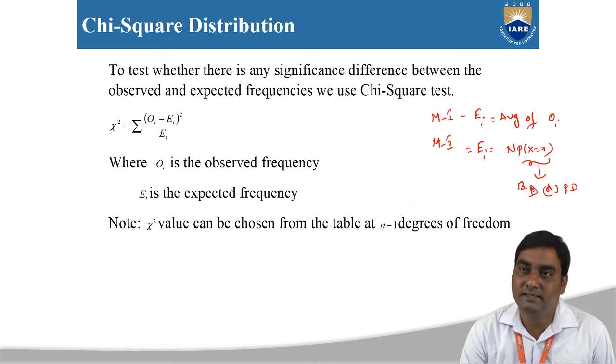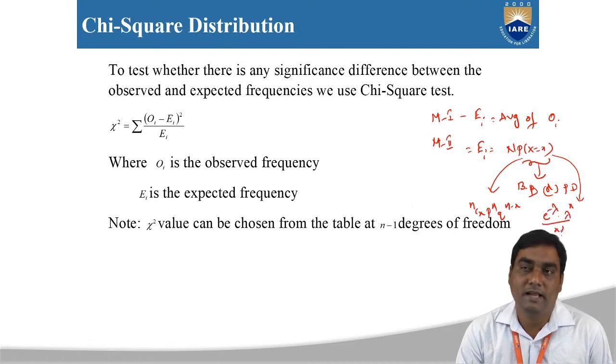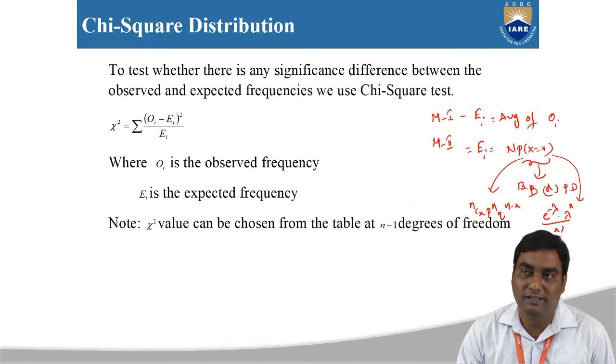If the problem consists of binomial distribution, we use the binomial formula for p of x equal to x, which is nCx p power x q power n minus x. If it consists of Poisson distribution, p of x equal to x is e power minus lambda into lambda power x by x factorial. Based on these two, we can find expected frequencies in method 1 and method 2.